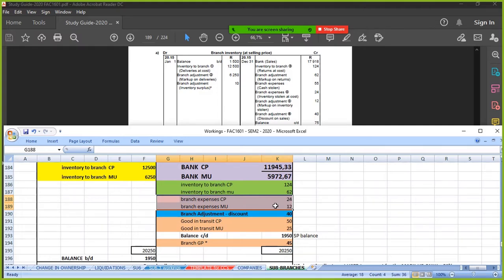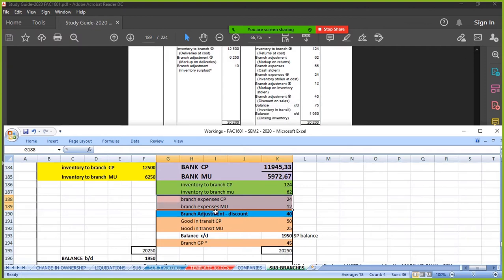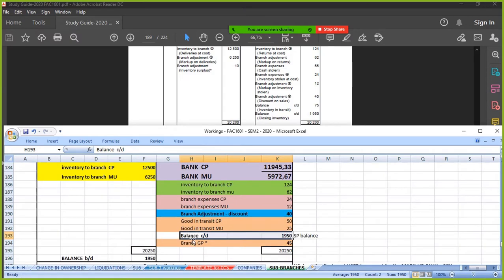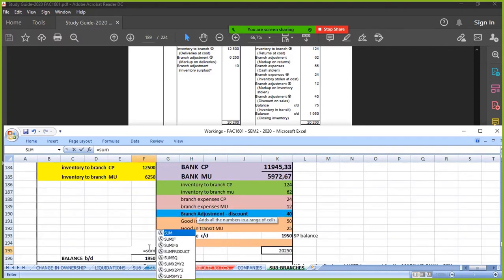Yes, this is the stolen stock. I need that. The branch adjustment I've got. The profit I've got. Did I balance this incorrectly? Maybe I did. Let me delete this. Let me double check my balancing here. I think my balancing here is incorrect.